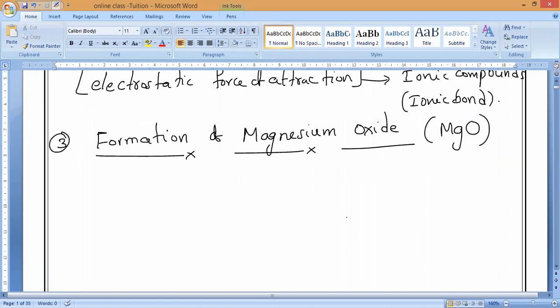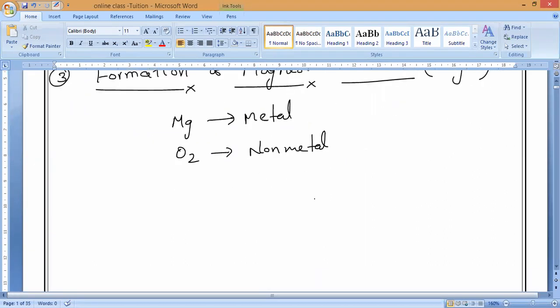Here magnesium is a metal and oxygen is a non-metal, so metal plus non-metal. Magnesium burns in air to form an ionic compound called magnesium oxide. Yes or no, guys?